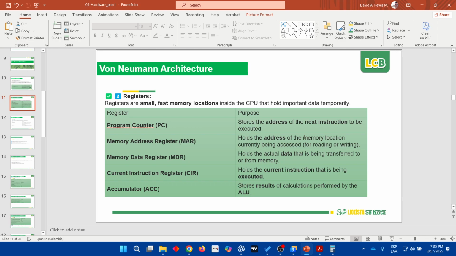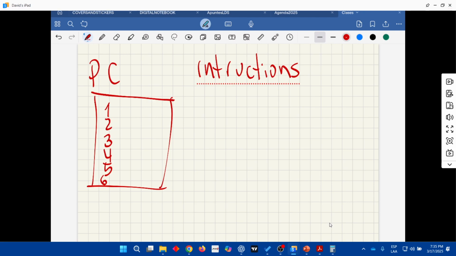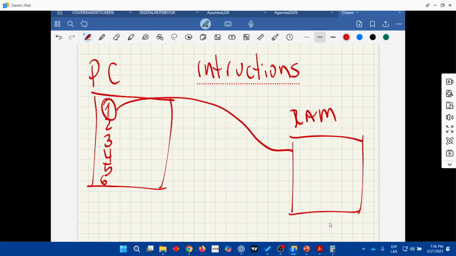But here it says it stores the address of the next instruction. What does that mean? Here we have the RAM memory, for example, and inside the RAM memory we have located the instructions. Let's suppose that the first instruction is located at this address inside the RAM.